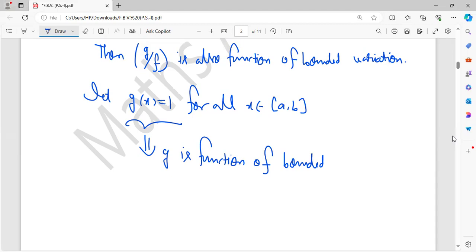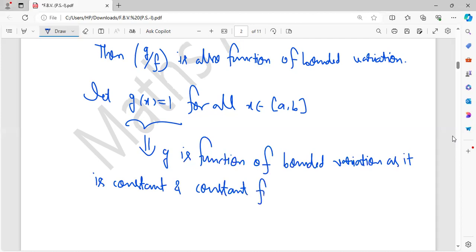So this is a function of bounded variation as it is constant, and constant functions are functions of bounded variation.